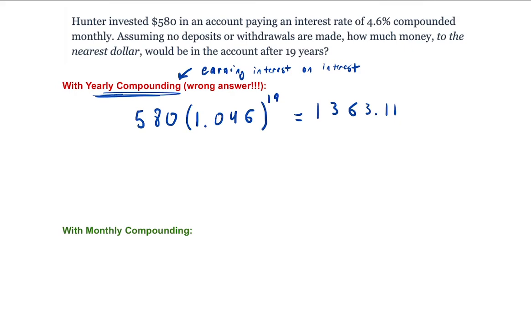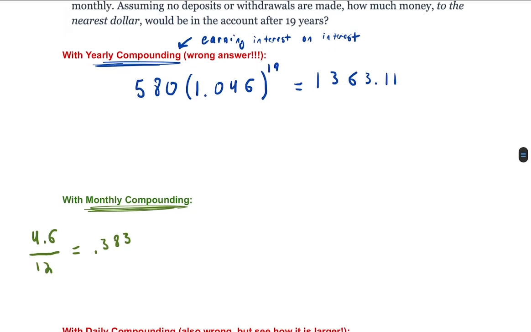We're going to do the same interest rate, but with monthly compounding. And what I mean by the same interest rate, we're going to take our 4.6% and we're going to divide it by 12. So we take 4.6 and we divide it by 12, and what we get is 0.383. And what this represents is the interest per month, right?